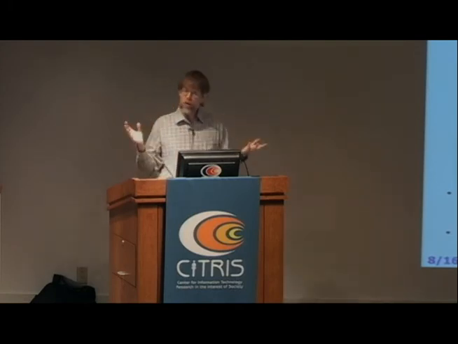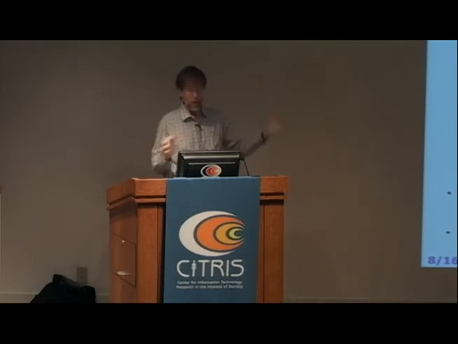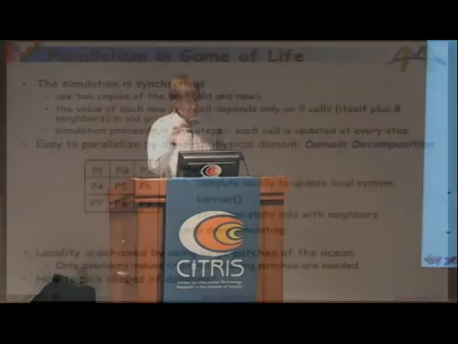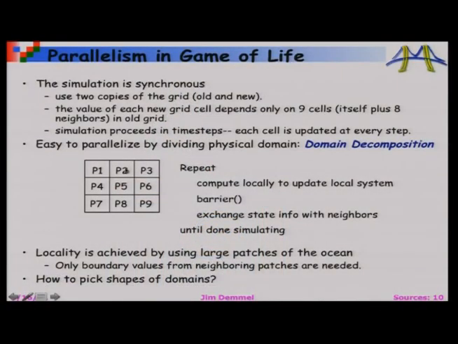And it's very natural to be parallel. And so the question then becomes, how do I assign the work to all the processors? The easy way to do this, and it's perfectly natural, is a technique called domain decomposition. So suppose this square here represents my grid of points. There's a very fine mesh of points which I haven't drawn. I want to assign them all to 9 processors labeled P1 through P9.